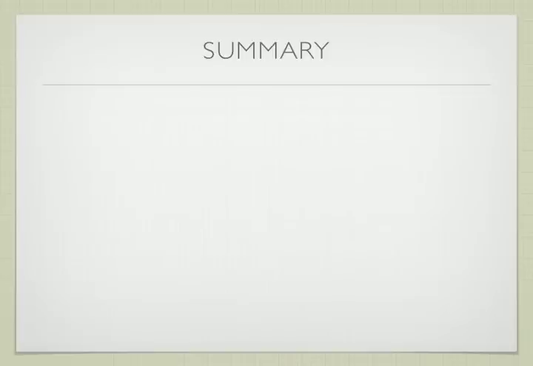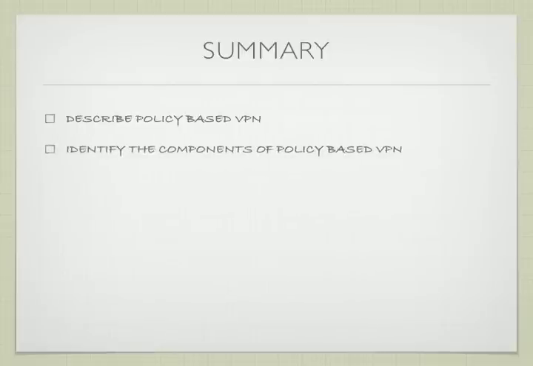So in sum, for creating IPsec VPNs, you should be able now to describe what this process is for creating them. You should be able to identify those components that you need to create for the IPsec VPN, the phase 1, the phase 2 proposal, and the policies that go with them.